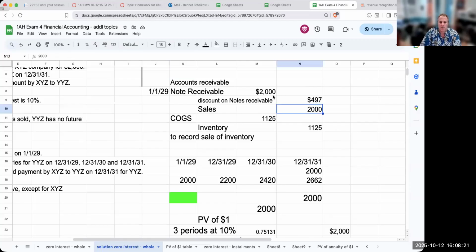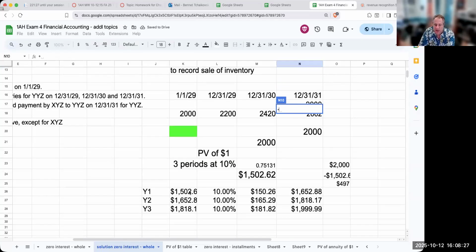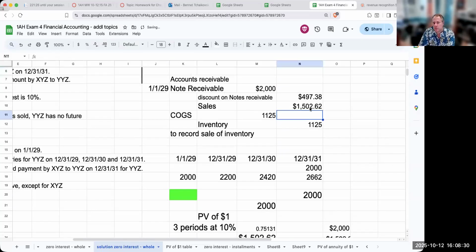So the amount I'm going to record as a sale is not 2,000, but 1502.62, which is what I had done the present value computation for.